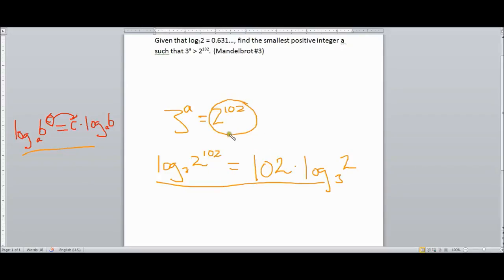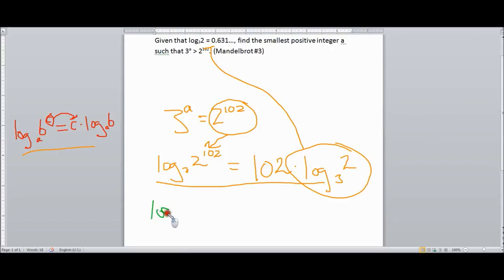We have this right here. So log 3^a, and we know this because it's up here, right? So let's work onwards. Green.